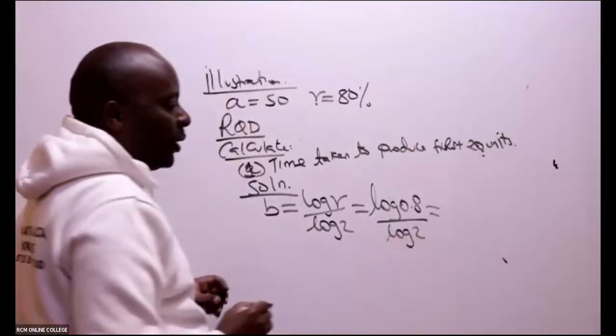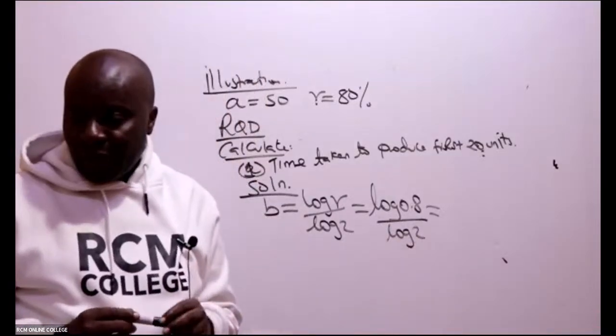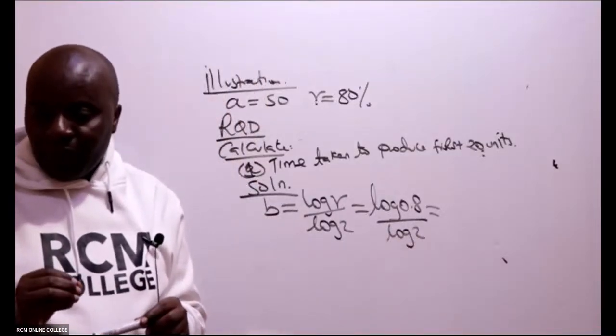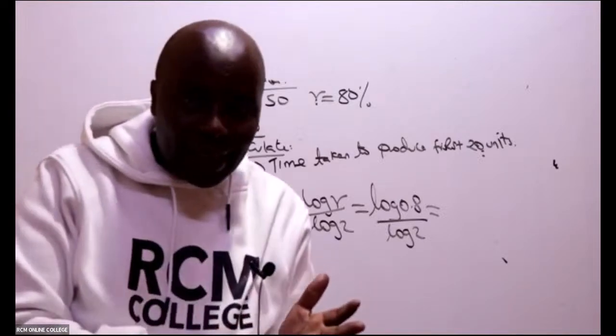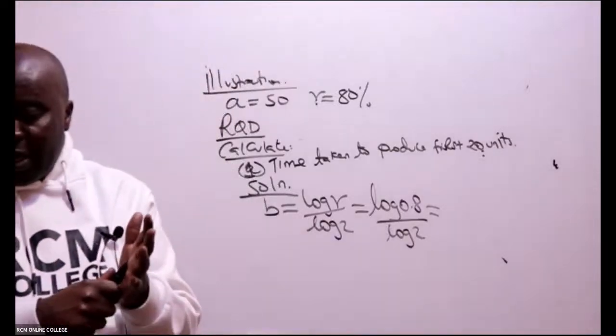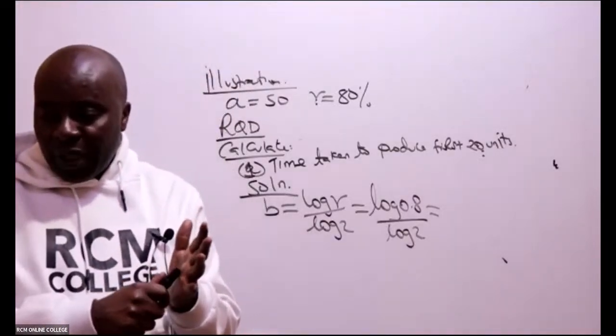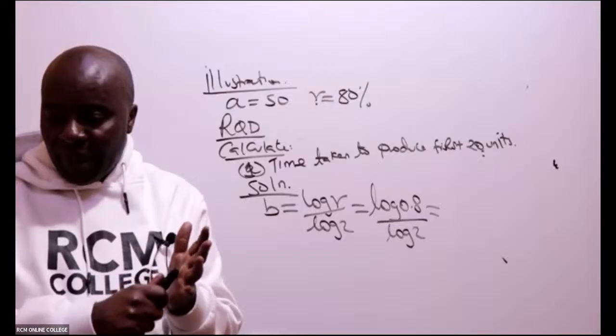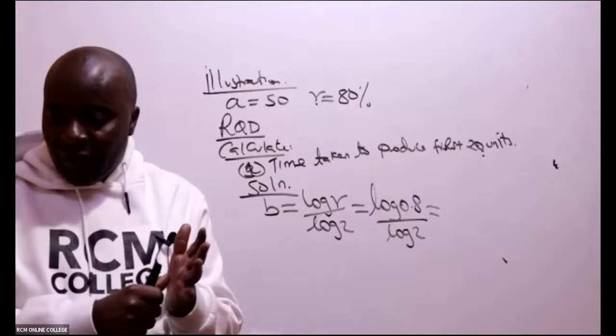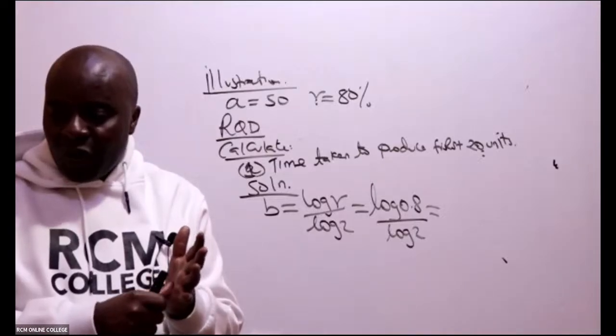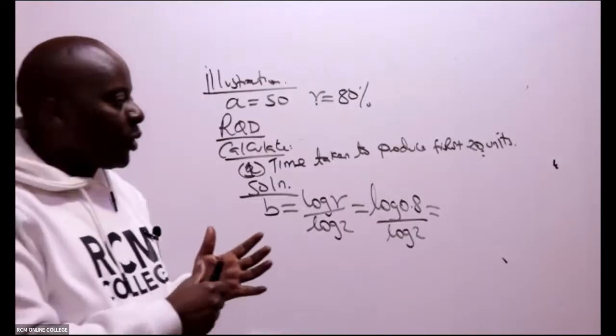Are you able to give me this answer? Just take your calculator, there is a button there written log. I would really love to get that answer. So I don't know whether you've been able to get this.